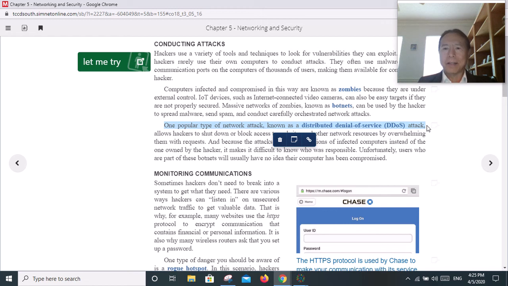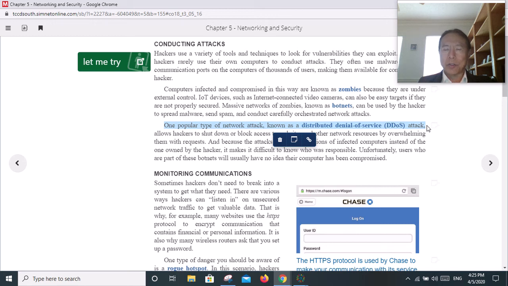This is not a cybersecurity class. You need to know one example. Then you know how hackers attack a server. Remember one example, one incident.